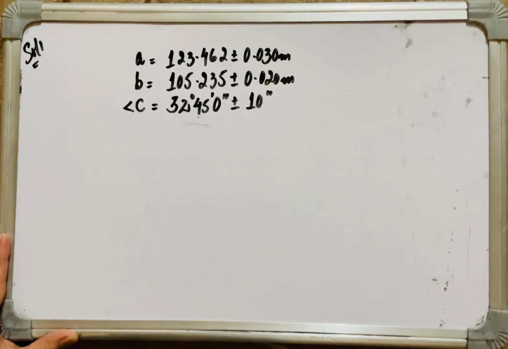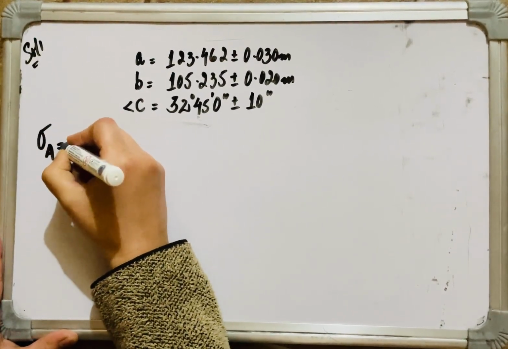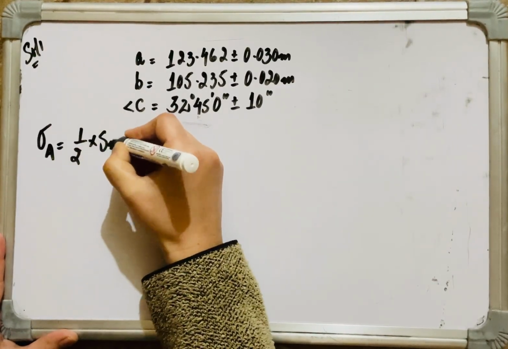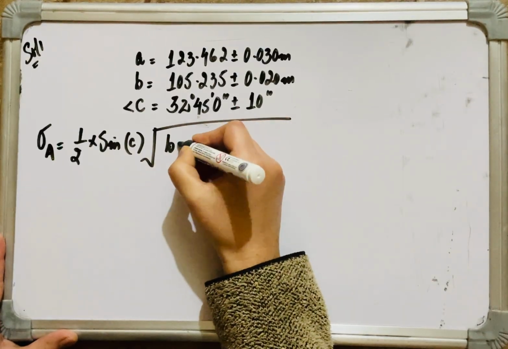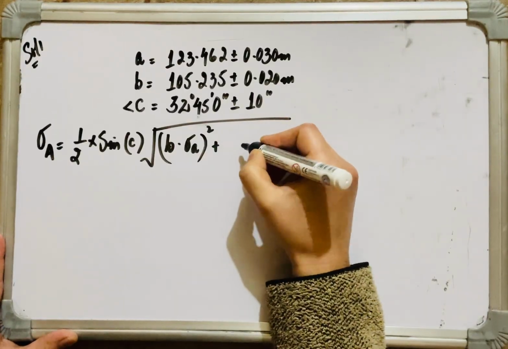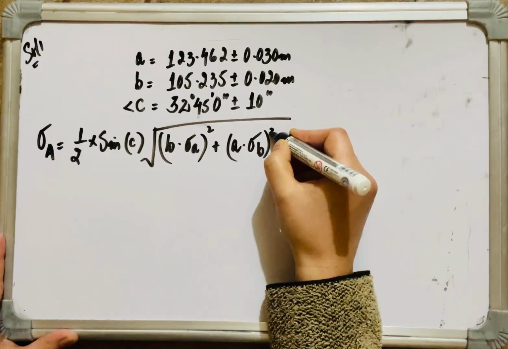All right, so what is the formula for standard error in area? It is 1/2 of sine C square root of B sigma A square of it plus A sigma B square of it.